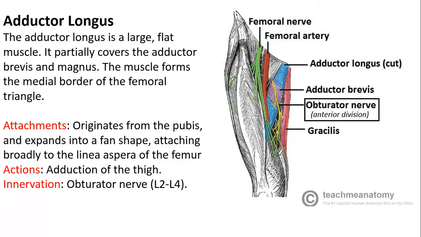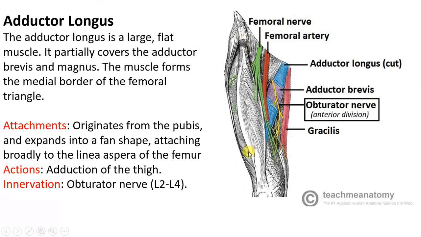Here in this slide is the Adductor Longus muscle. It is a cut Adductor Longus muscle, and we have seen this muscle while studying the femoral triangle. It was forming the medial boundary of the femoral triangle, while the lateral boundary was formed by the sartorius, which is also shown in this diagram by the cut edges.